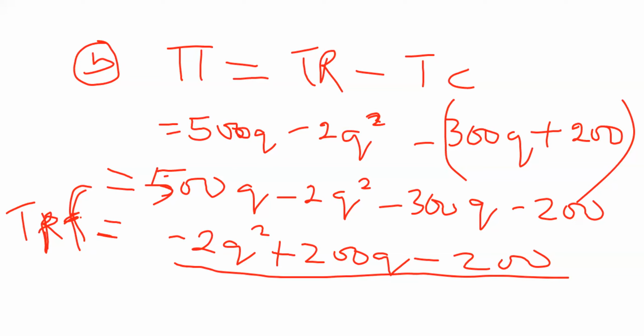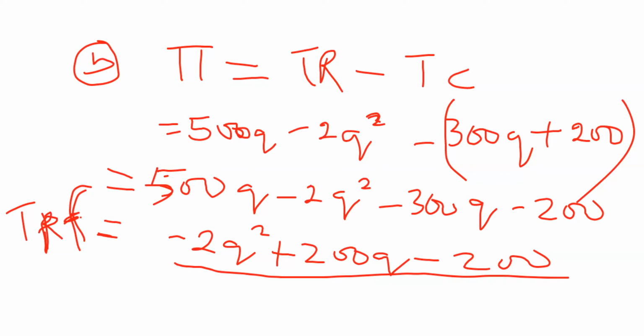We will differentiate what you are seeing on the board. At the turning point, the derivative will be equal to 0.